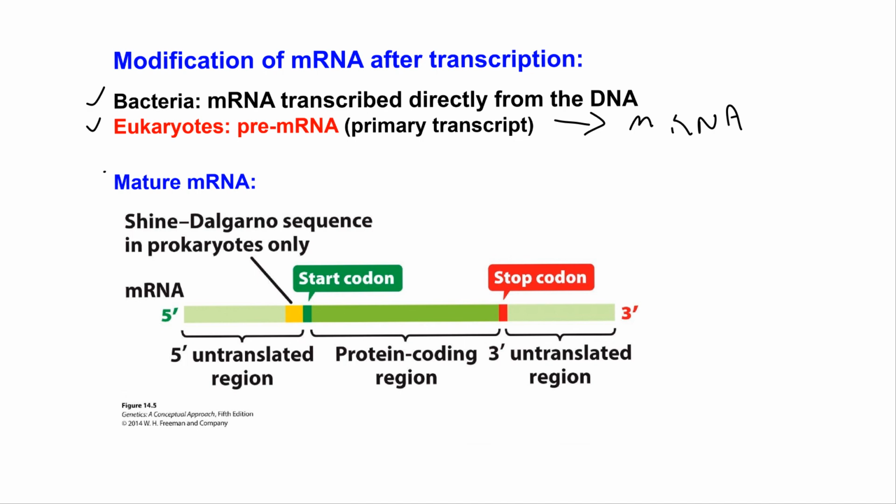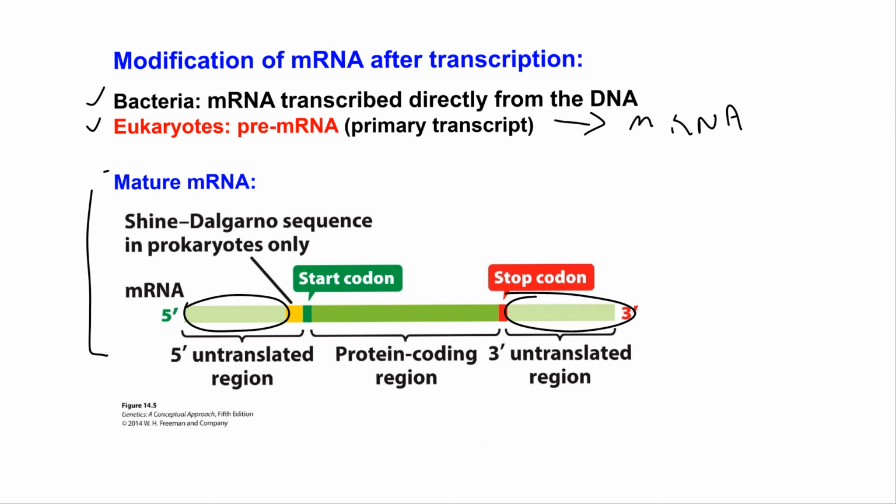Now here in this picture you have outlined the structure of mature bacterial mRNA. So bacterial mRNA has within this the 5', this is the 5' UTR, and here is the 3' UTR, those untranslated regions you find in mRNA, also in eukaryotic.